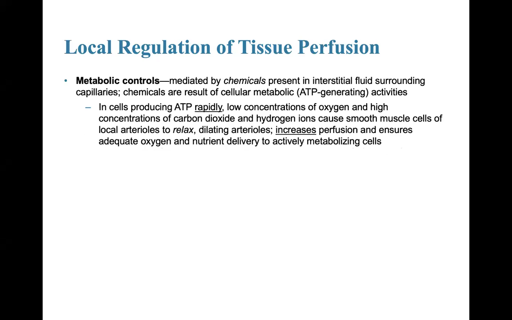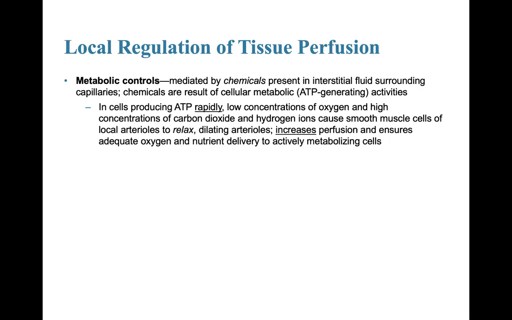On the other hand, metabolic controls are mediated by chemicals that are present in the interstitial fluid surrounding the capillaries. Chemicals are the result of cellular, metabolic, or ATP generating activities.